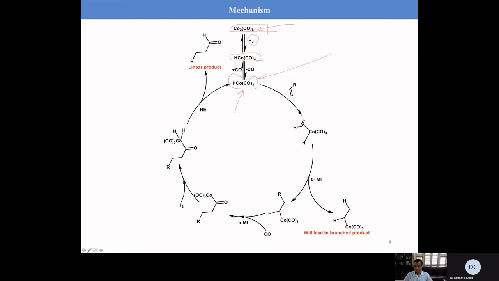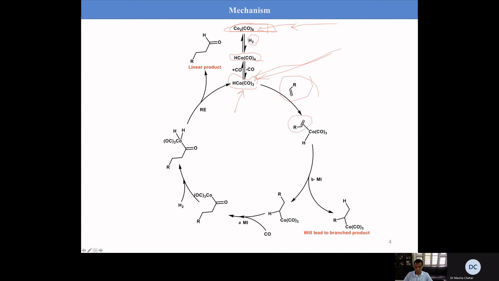So this is the reactive catalyst. The top one is the starting material, and the main catalyst is this HCo(CO)3. Subsequently olefin coordination happens and it gives the hydridoalkyl species, right?